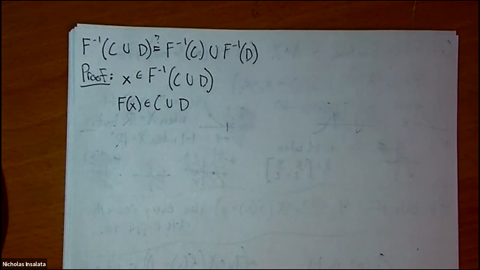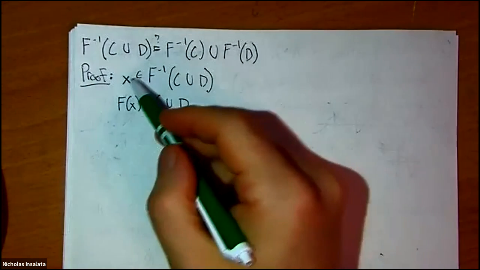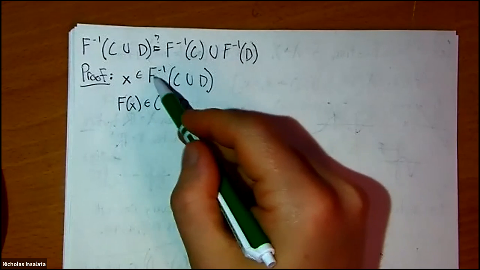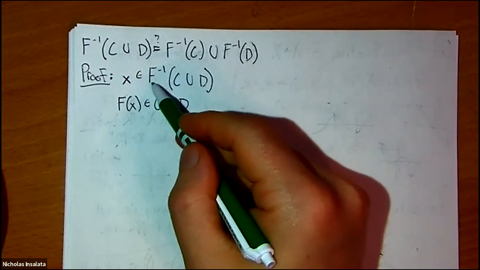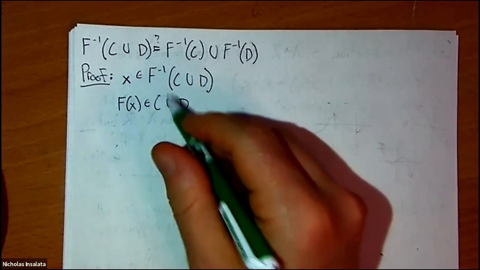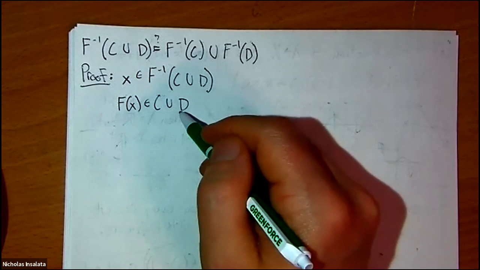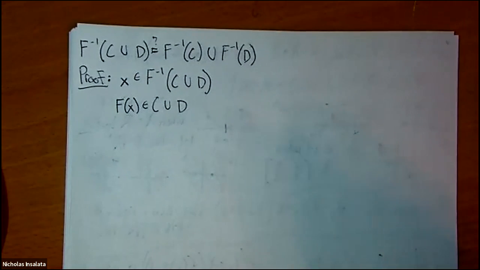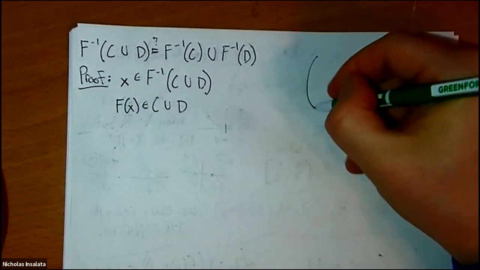You can also, instead of thinking about this algebraically, think about it in terms of the definitions. If I have some x that's inside the f inverse of C union D, that means that f of x came from somewhere inside of C union D. Let's make a picture.